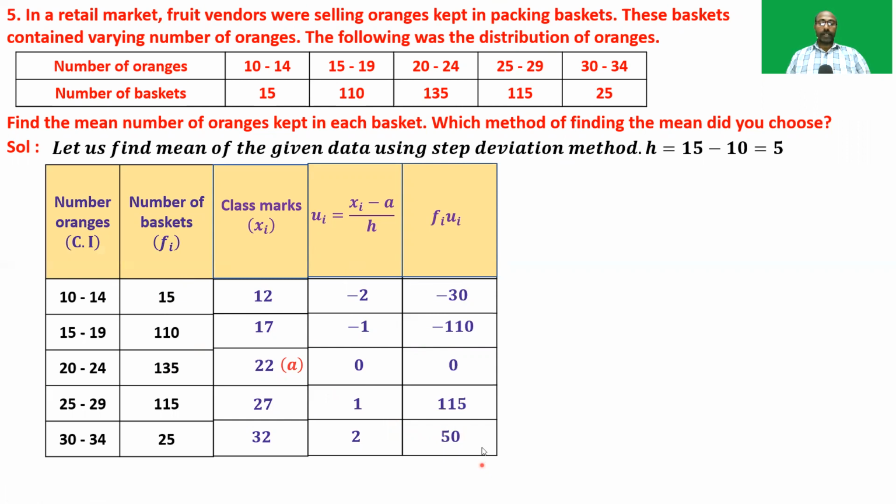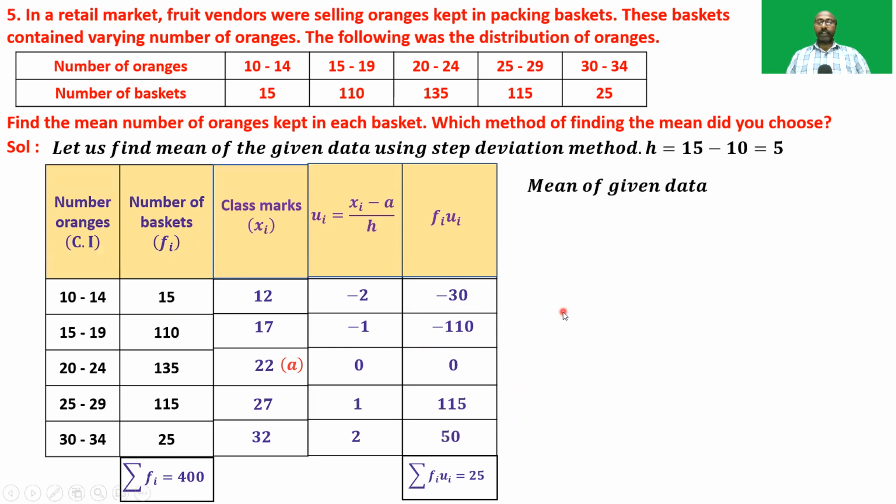Now the sum of all the frequencies gives sigma fi equal to 400, and the sum of the values of fi into ui is sigma fi ui equal to 25.